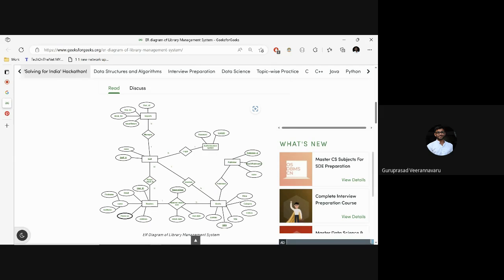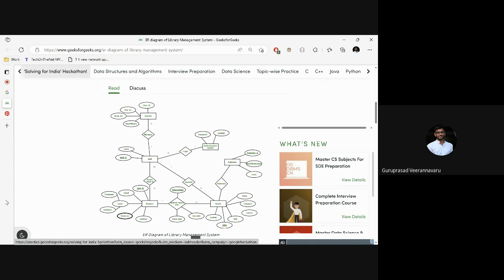Reader is there, books is there, publisher is there, staff is there, there is authentication system, and there is reports. And reader can reserve a book or return a book, and this has certain properties. Books have certain properties, and books are published by publisher. And a staff has a password.